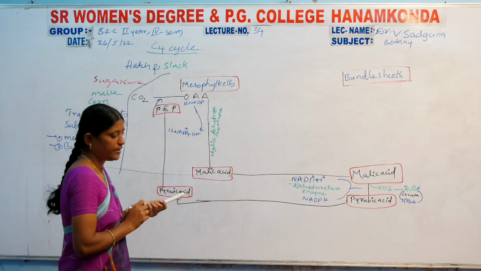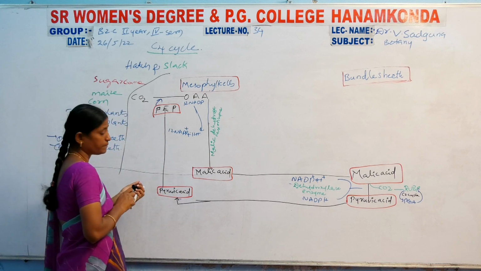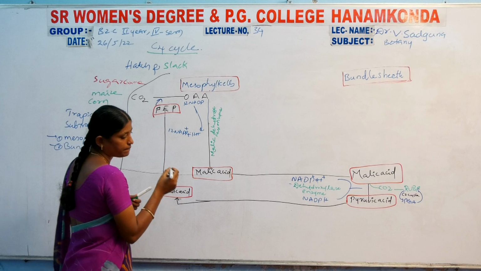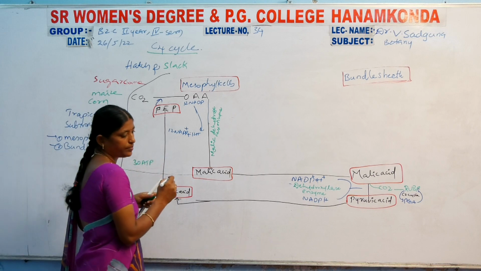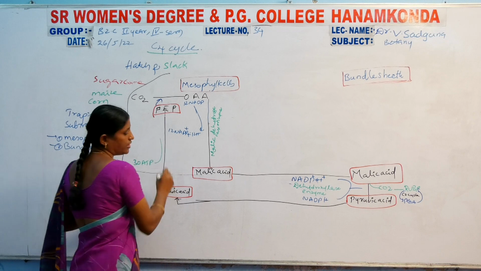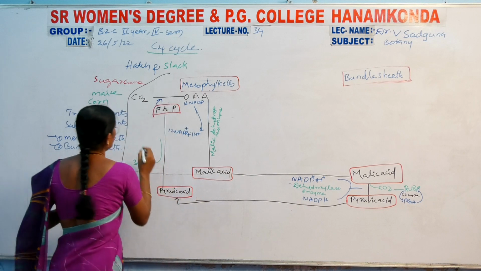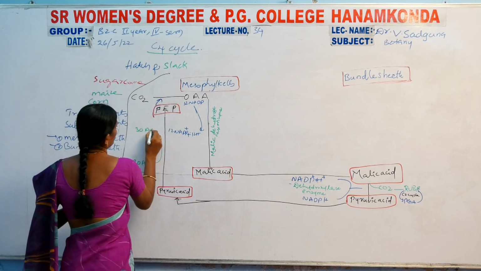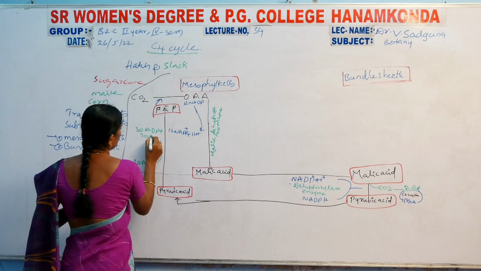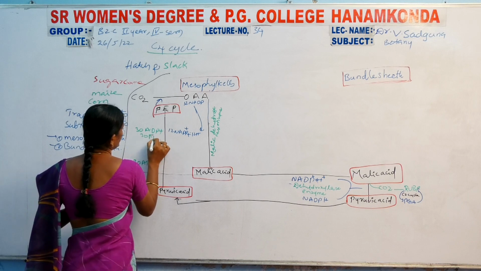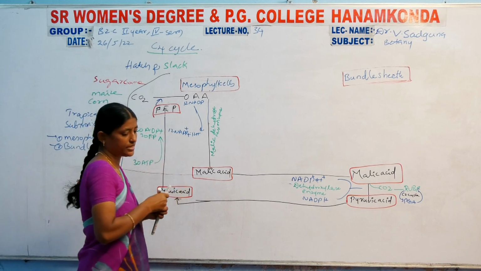Then here 30 ATPs, 30 ADP plus 30 inorganic phosphates.